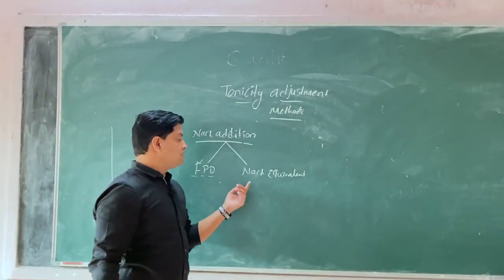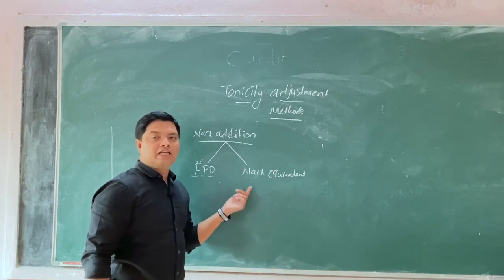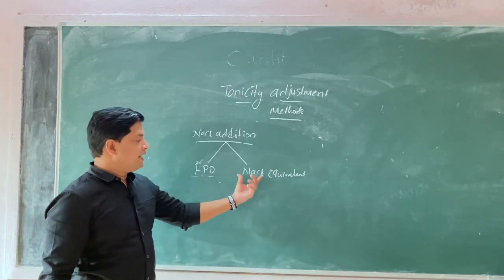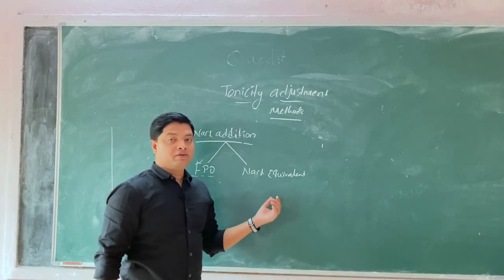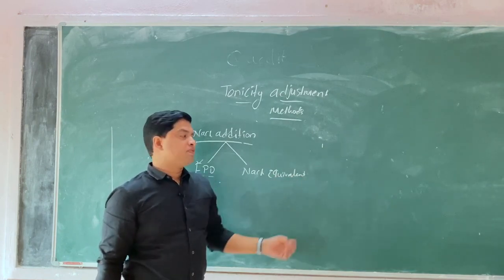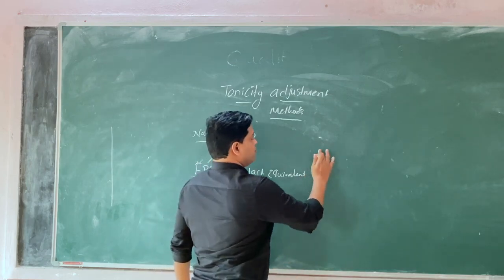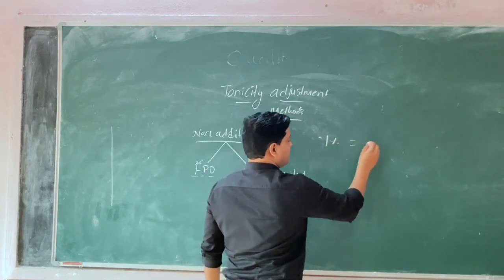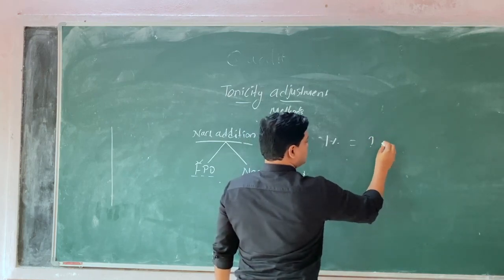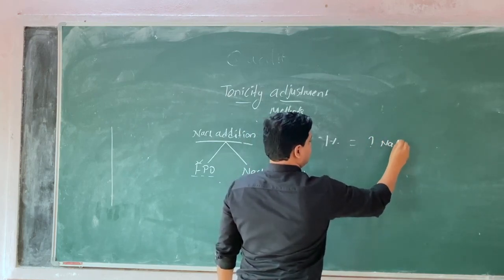Now we are going to see the second method, the NaCl equivalent method. The name says how much amount of drug is equivalent to an amount of NaCl. We will write it like this: 1% of drug is equivalent to how much amount of NaCl.